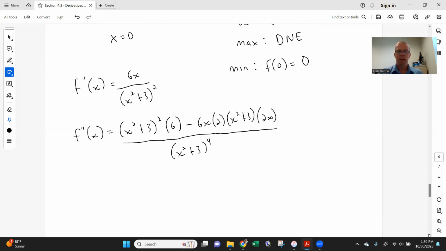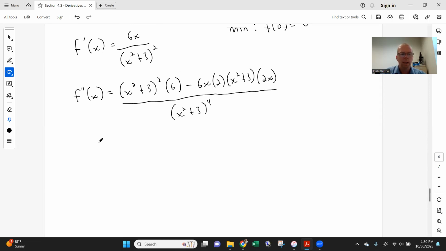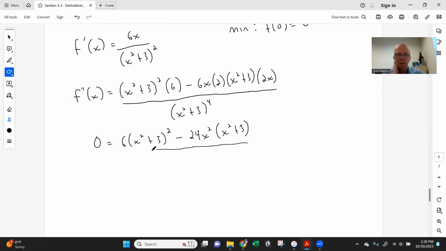All right, so now let's simplify all our like terms. Multiply everything out. And we're setting this equal to 0. So don't FOIL out x squared plus 3. That is not necessary. So we have 6x times 2 times 2x. That'd be 24x squared. And then 2x squared plus 3, and then all over x squared plus 3 to the 4th.